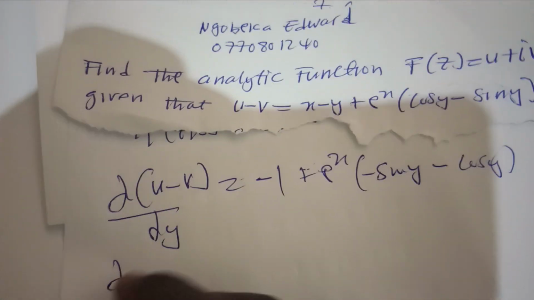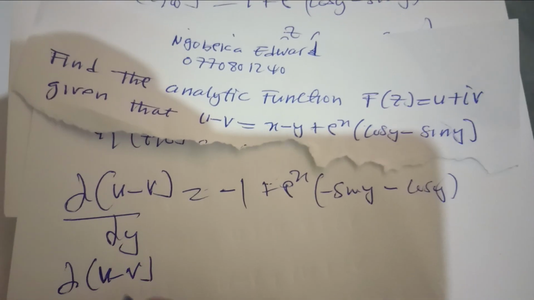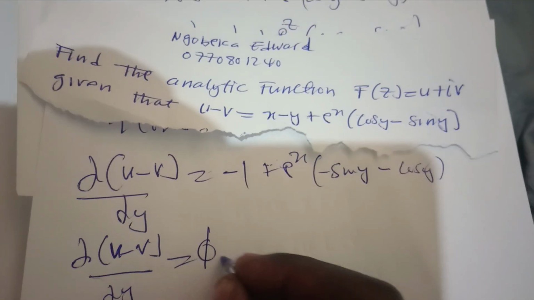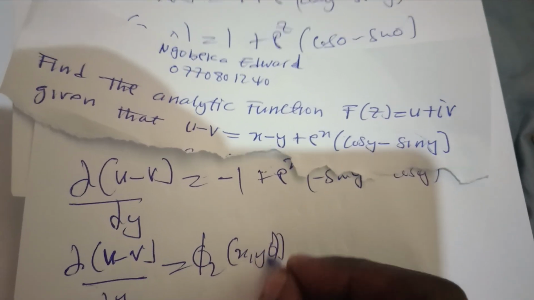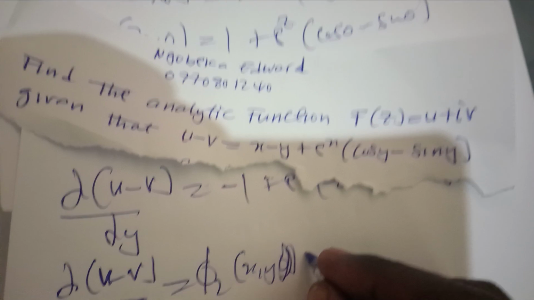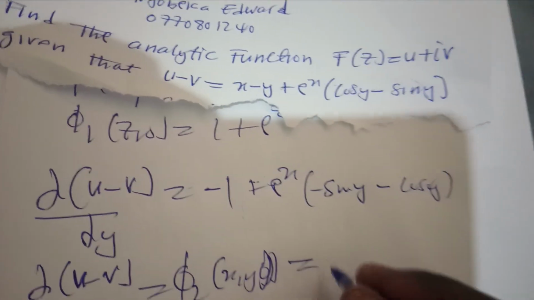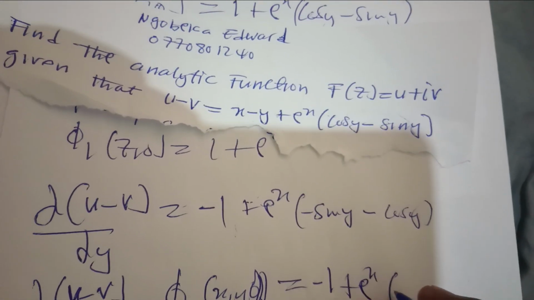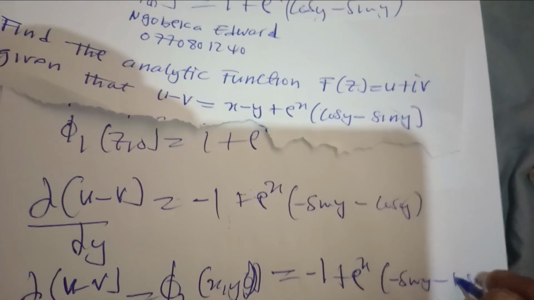And since we know that the partial derivative of u with respect to y is equal to v_x(x, y), which is equal to this partial derivative, negative 1 plus e to power x, open bracket, negative sin y minus cos y.